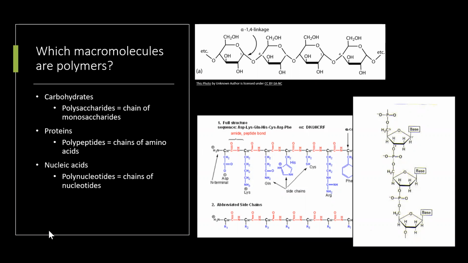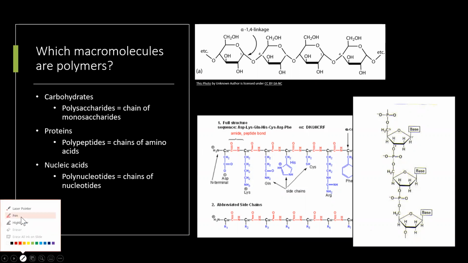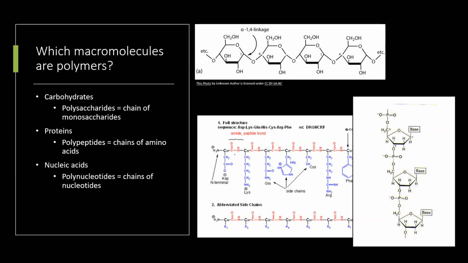But essentially, each one of these parts, let me get a little pen going, I'm going to separate the amino acids for you. Everywhere I'm separating the amino acids, here is one amino acid, here's the second and the third and so on and so forth. So it's a chain of them, one right after the other.